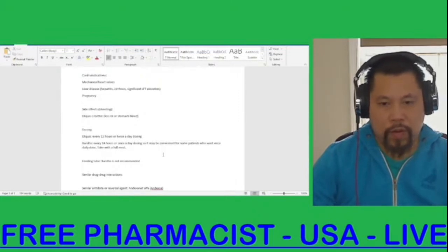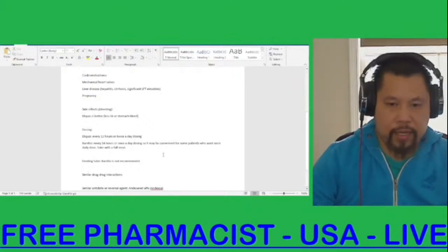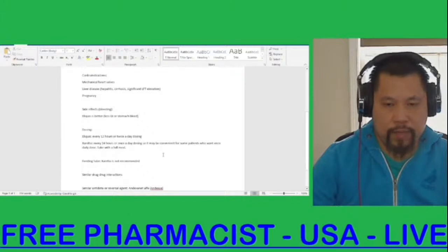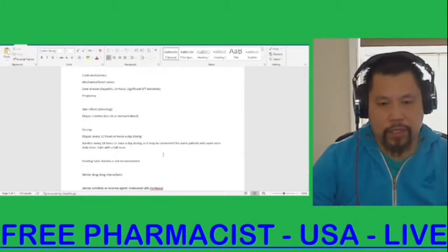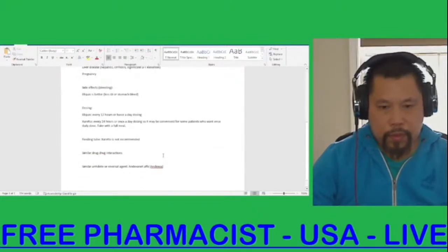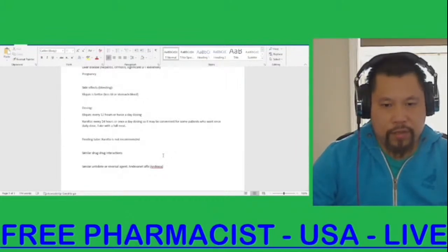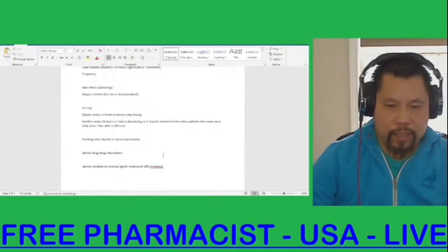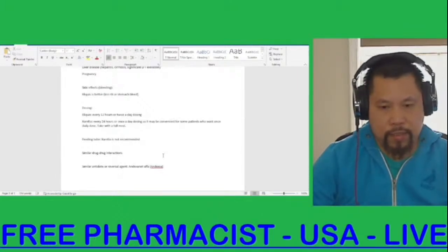For people who have problems remembering to take the medication, then they might use Xarelto if they don't have issues like bleeding risk or kidney problems. For some patients, they need to use the feeding tube, and probably the Eliquis is recommended.